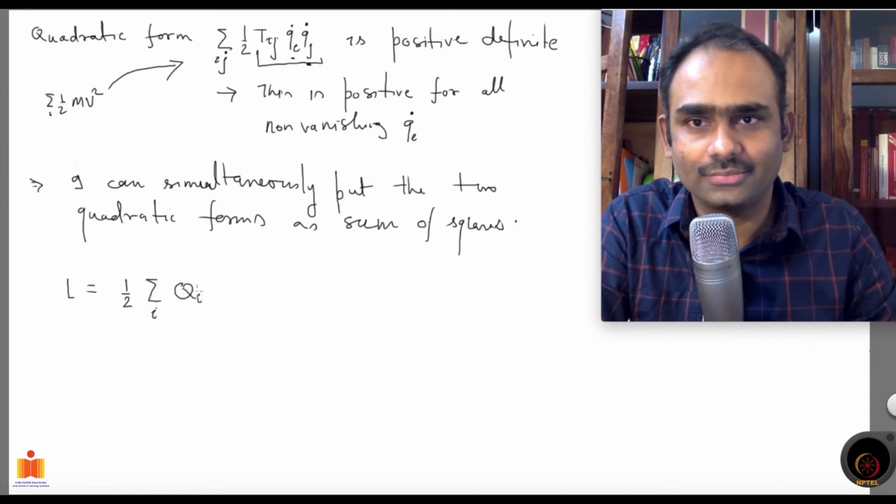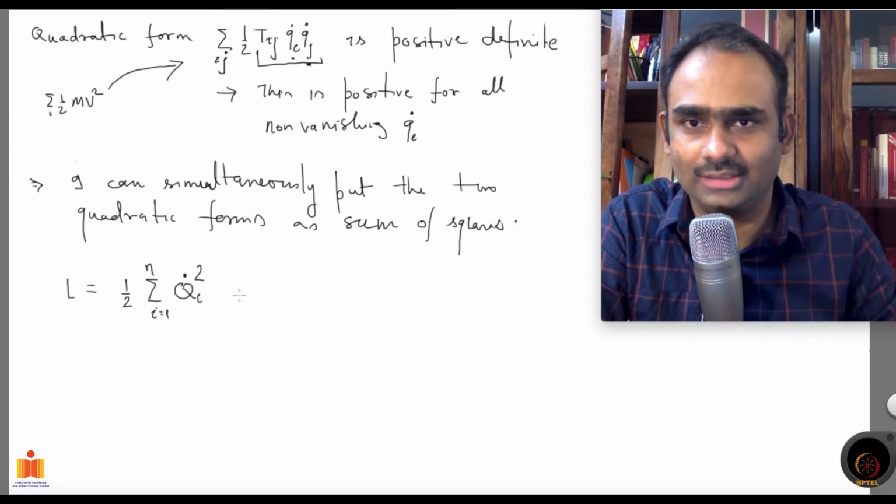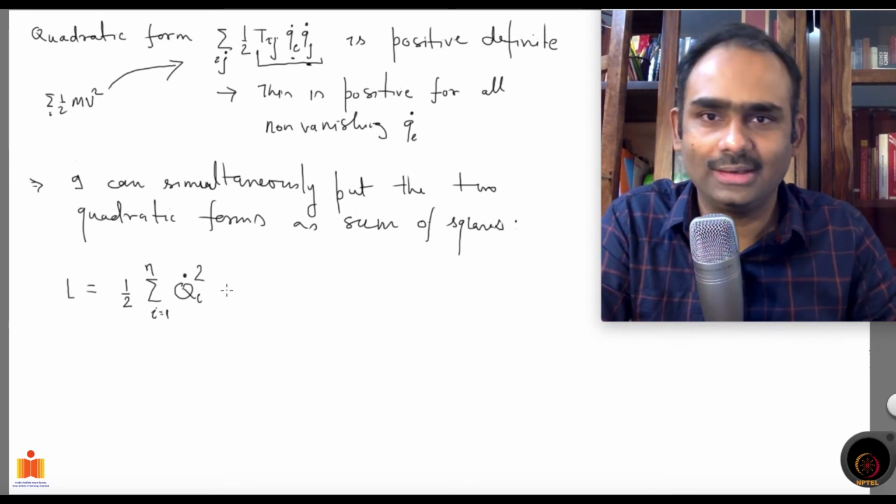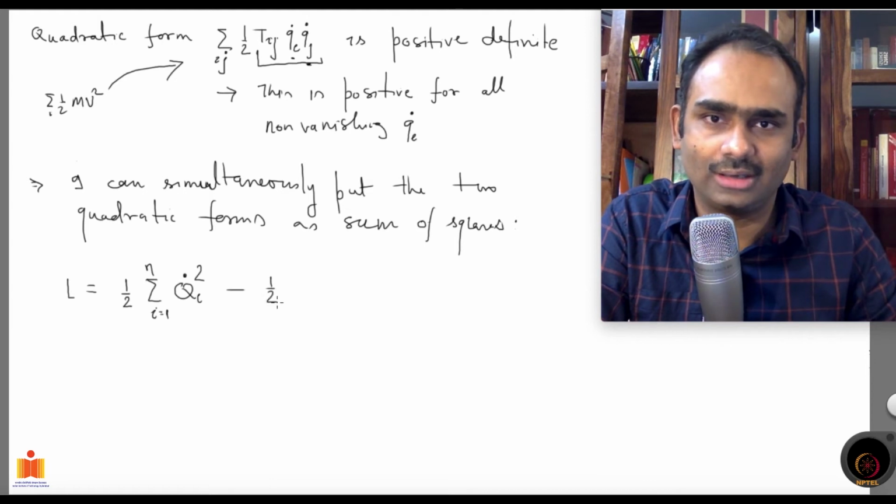Q̇_i squared, i from 1 to your n degrees of freedom, minus half.